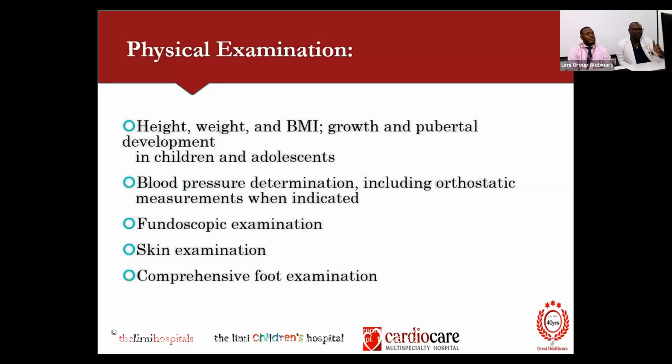Now, comprehensive foot examination. I tell my patients that a needle, or toothpick injury, to me is as bad as ST elevation is to a cardiologist. That's true because we lose patients from diabetic foot, and unfortunately, it's multifactorial. If the glucose is not controlled, these people develop peripheral artery disease and neuropathy.